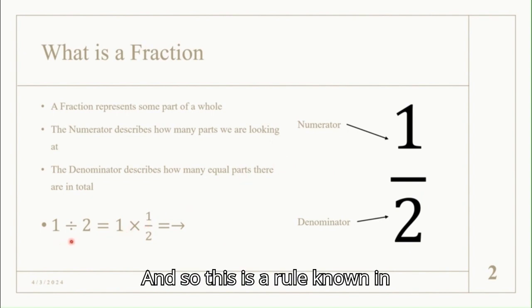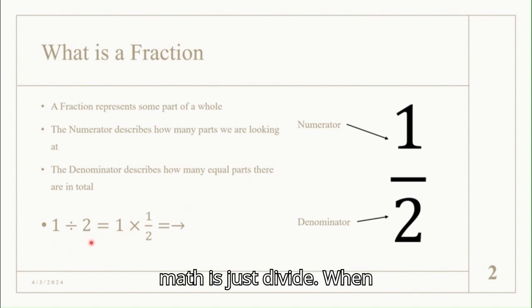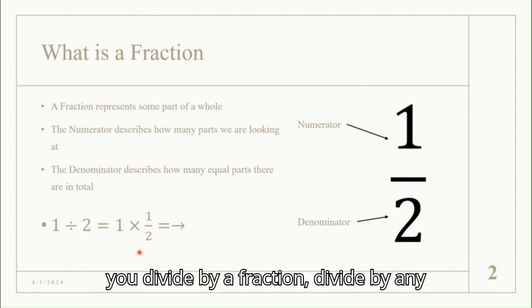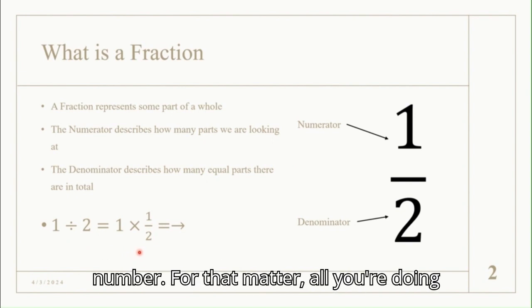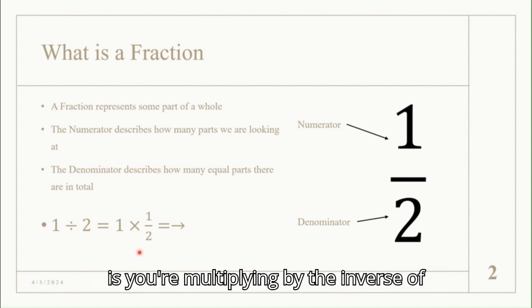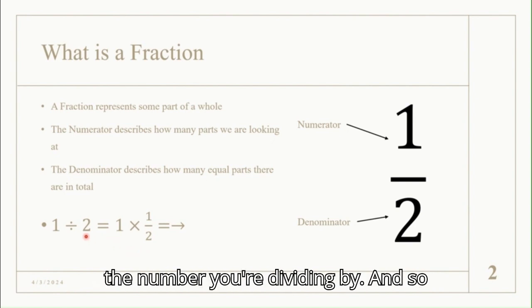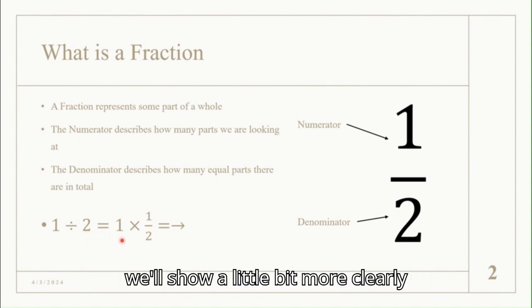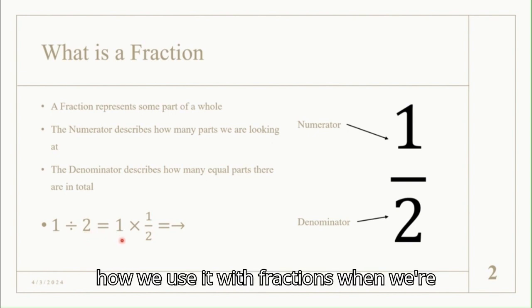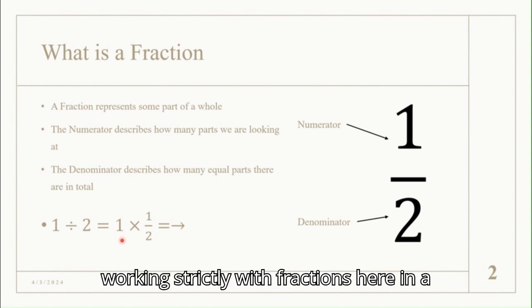This is a rule known in math: when you divide by a fraction, or by any number for that matter, all you're doing is multiplying by the inverse of the number you're dividing by. We'll show a little bit more clearly how we use it when we're working strictly with fractions here in a second.